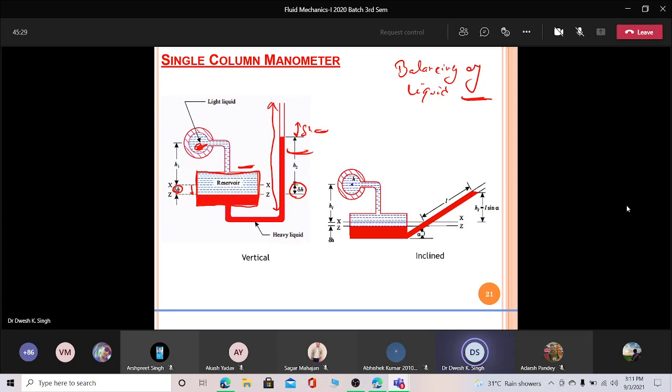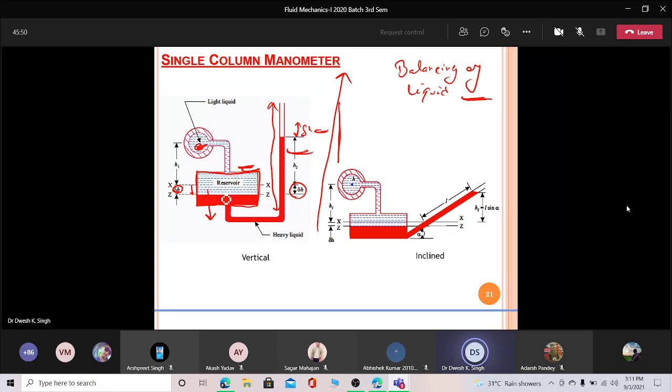Okay, because the main complexity in this manometer is the height of this limb. If you have a very large pressure, then your manometer should be large because your liquid will rise up to a good height. But if you are adding a large reservoir, it will respond very slowly because its area is very large.